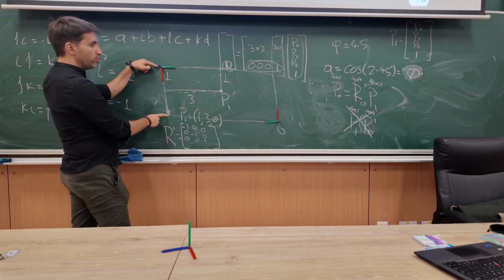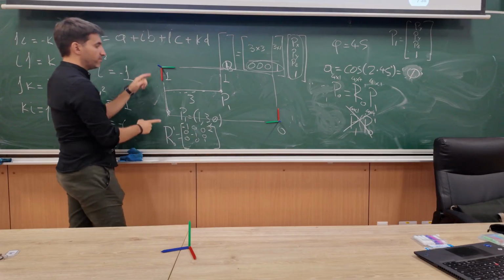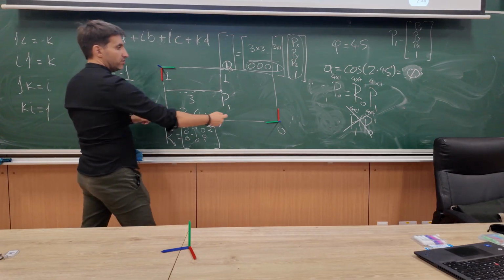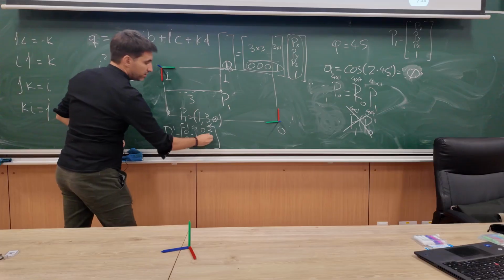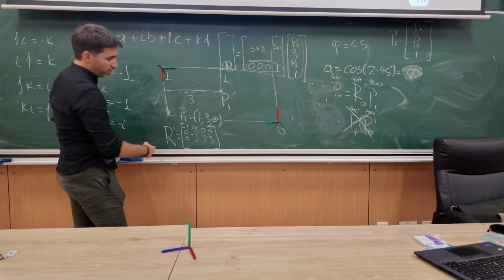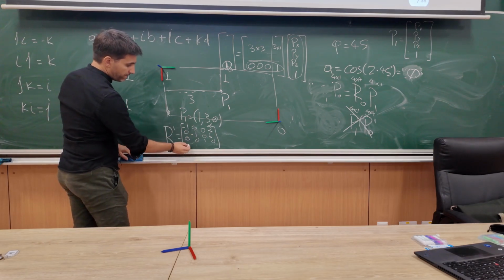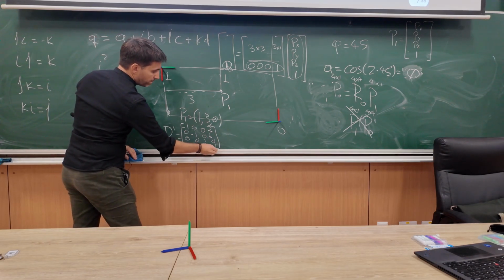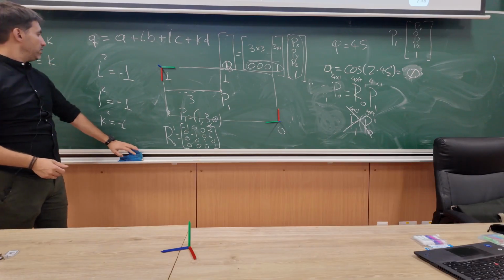What's this distance? 2, 6, because it's positive this way, right? 2, 6, and 0. What should be on the bottom line? 0, 0, 0, 1. All right.